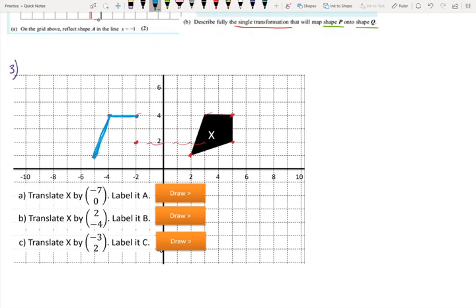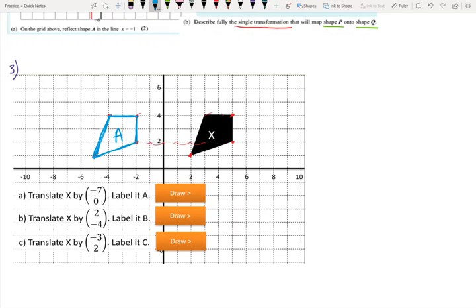And now you connect all the vertices together and you would have the shape which is called A. And now shape A is congruent to shape X. And this is not a reflection, as you can see, because shape A is not reflected or mirrored with respect to a certain line or axis.